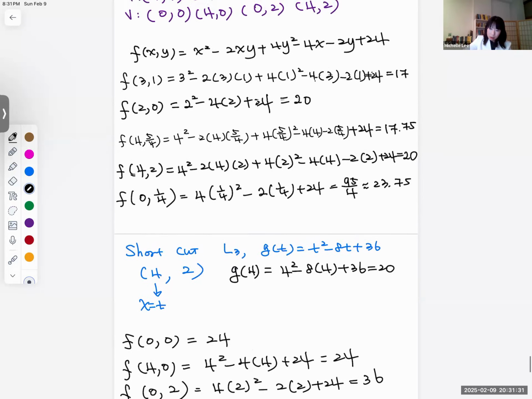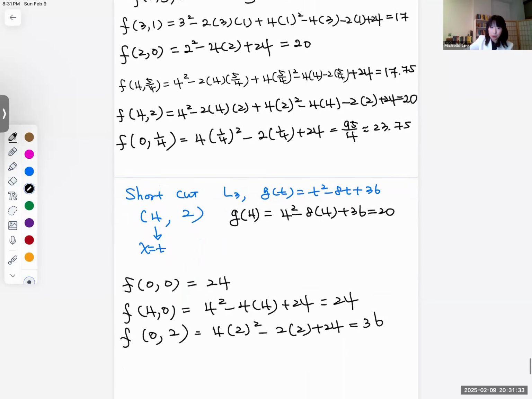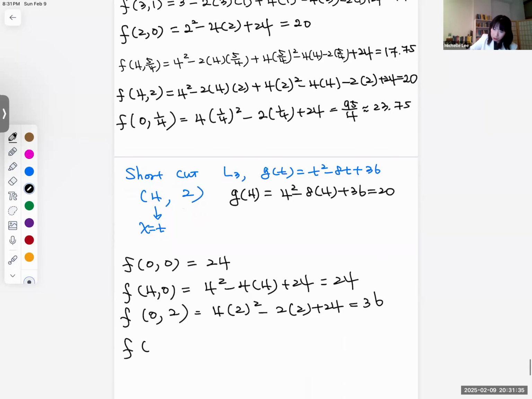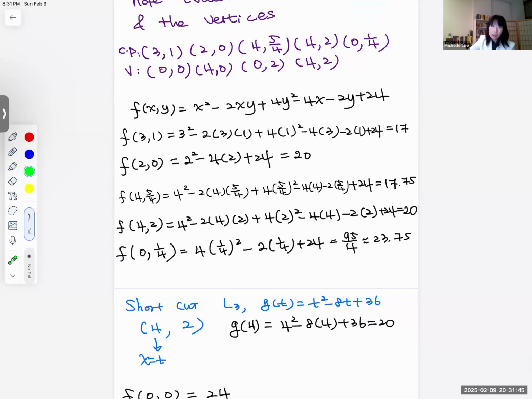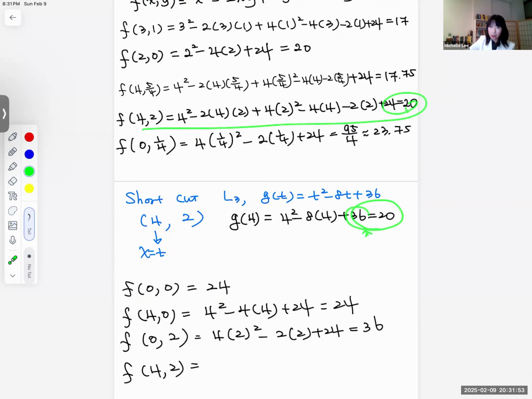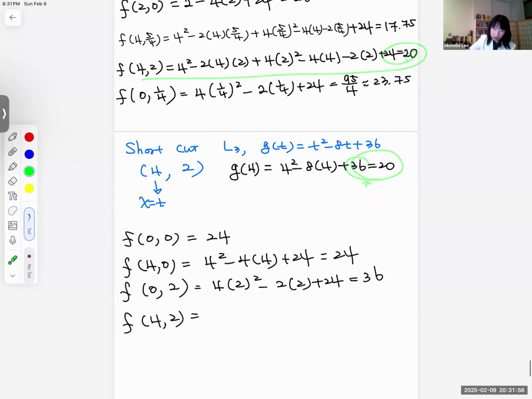Okay, the last one, 4, 2. We have that one, right? Luckily, this 4, 2 is the same as before, so we have 20. Also, with the shortcut, I showed you 20, right?